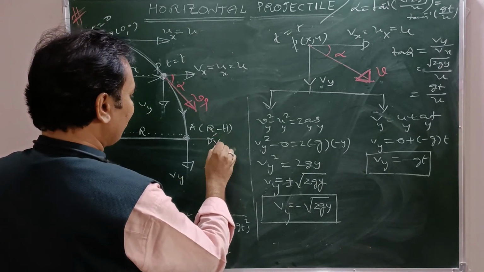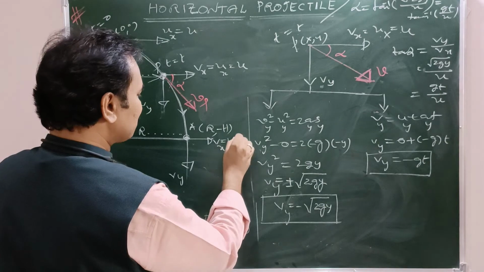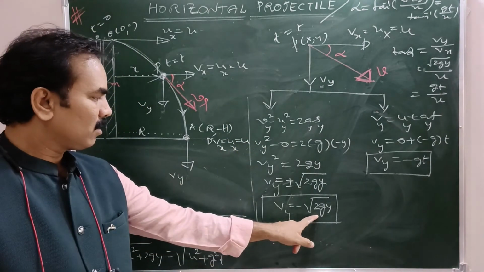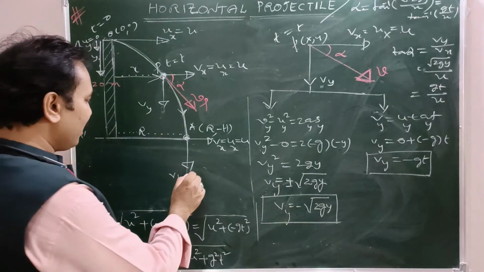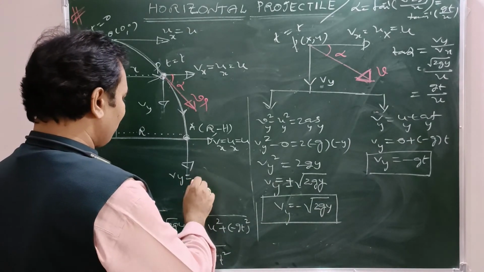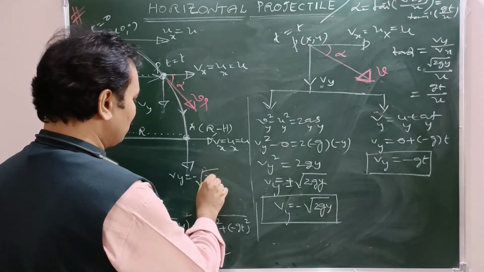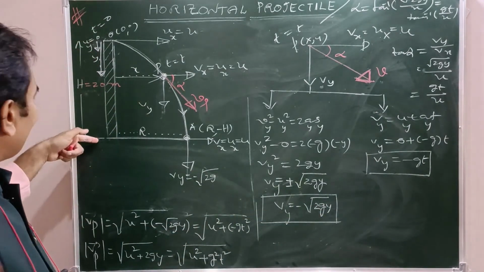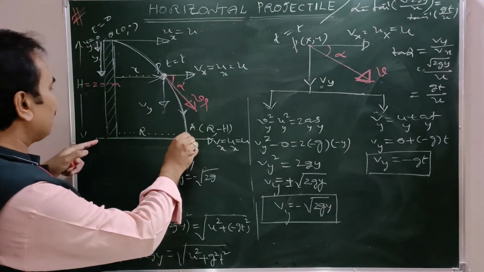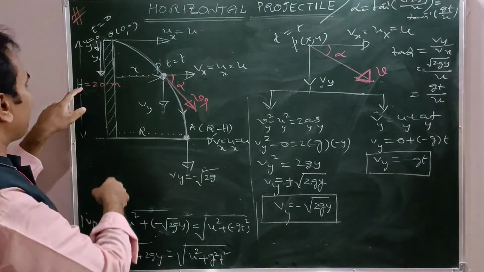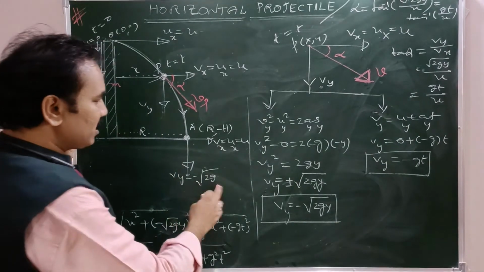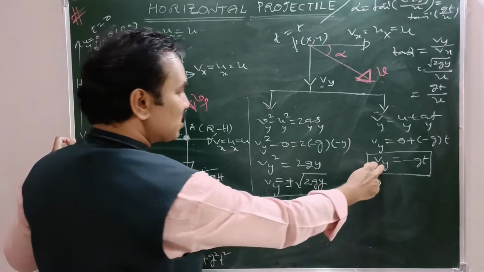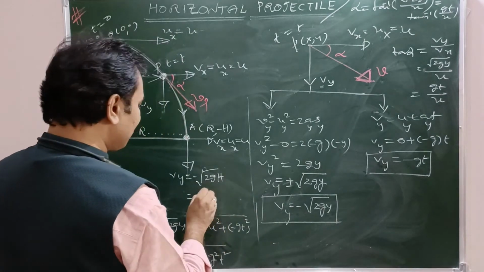Vx is ux, that is u only, along the horizontal. Vy has two forms: minus root 2gy. Y means the total height, because this is the point on the ground, so the vertical displacement covered is the height of the tower, Y means h. One more form for Vy: minus gt.